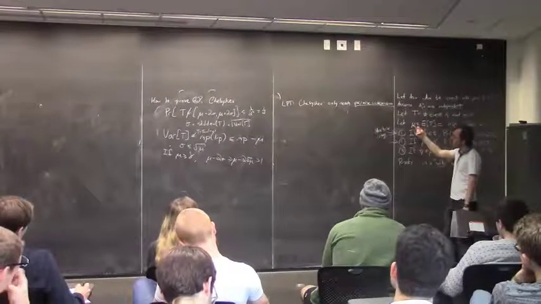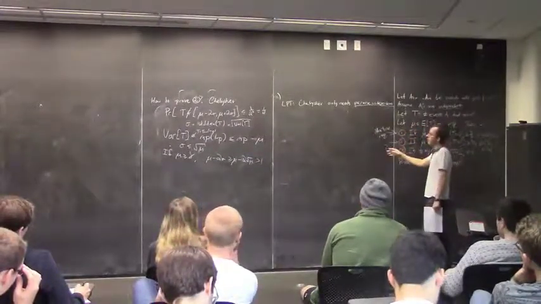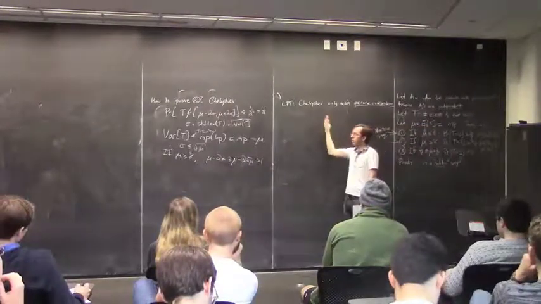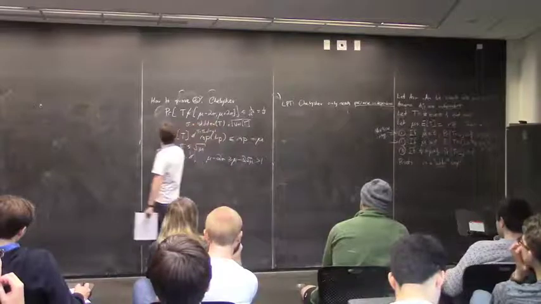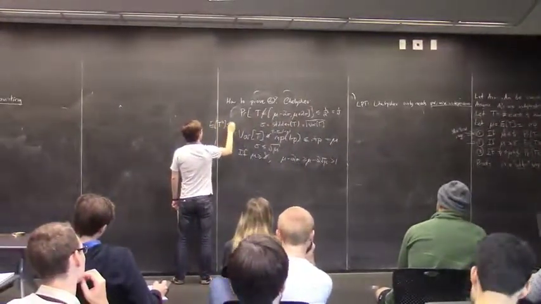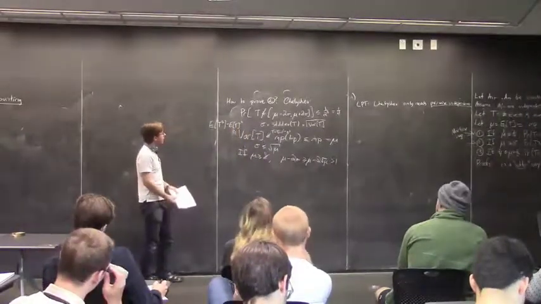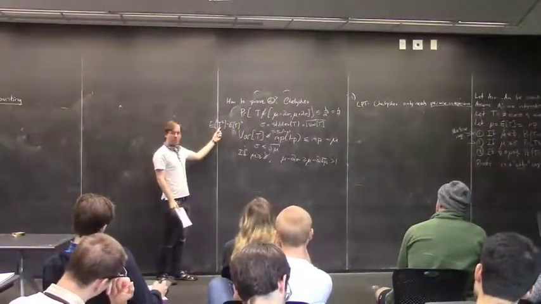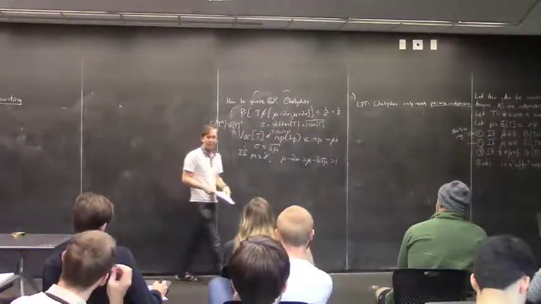And I'll show you what I mean by this and why, but the highest level version of it is: to apply Chebyshev to a random variable, you only need to know about its variance. Variance is the expected value of t squared minus the expected value of t, squared. And somehow, because this is a square, it's the second moment, you only need pairwise independence.